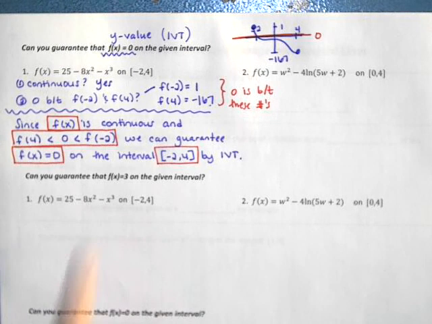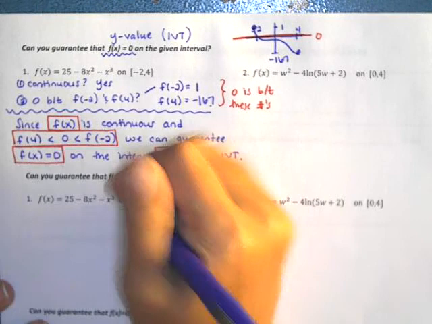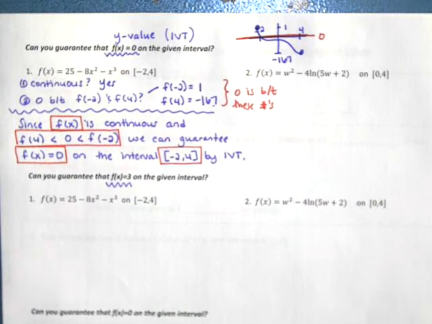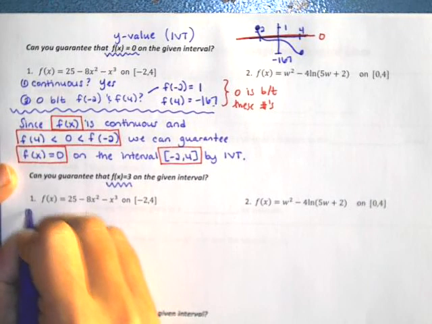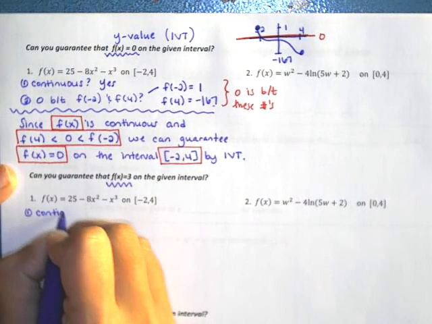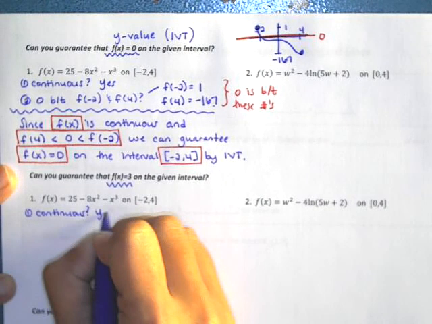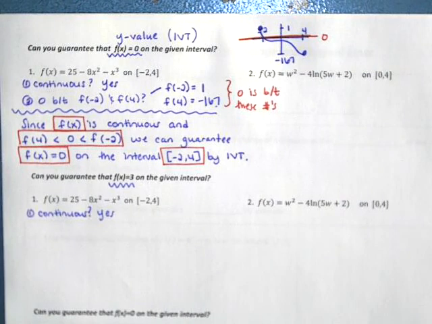So, can you guarantee that f of x is equal to 3 on the given interval? So again, this time we want to guarantee this y value is 3. The first question is, are you continuous? Now again, we have the same function as before. So yes, we're continuous because it's a cubic function. There's not going to be any asymptotes or jumps or anything like that.